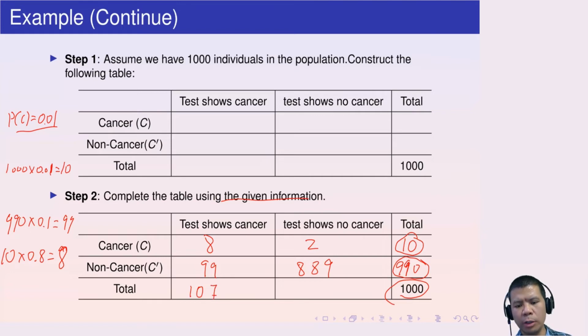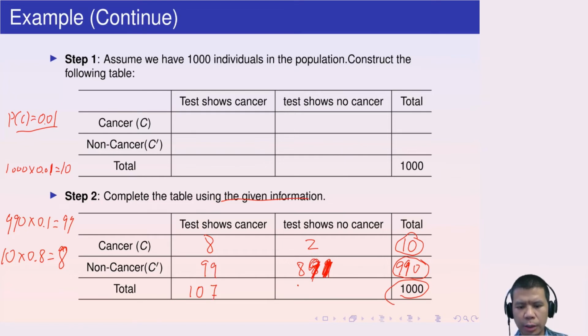Now, how many of them will show that there is no cancer? Is that right? Did I make some error in the calculation? Oh, 891, so sorry. So this is 891, right?